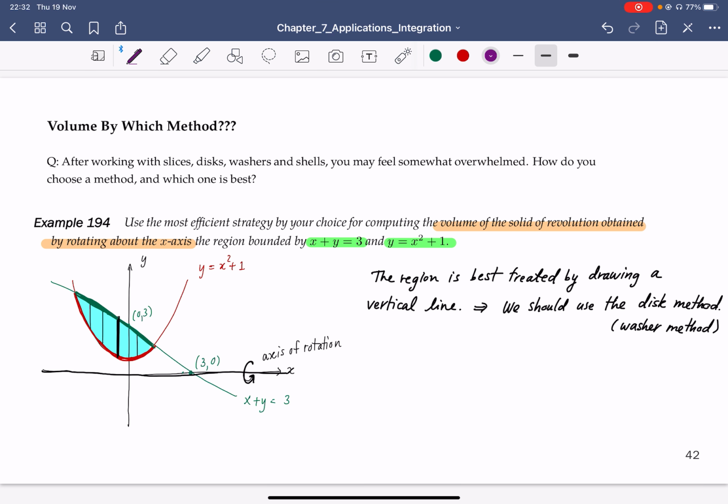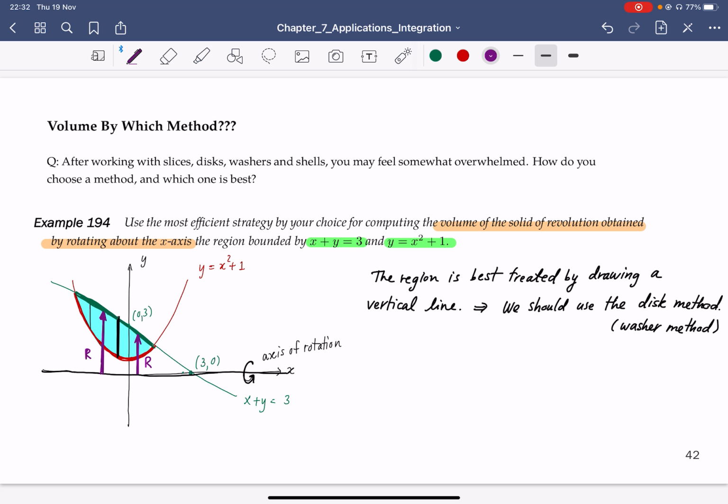Alright, so if you want to draw a vertical line, then you can see that your big R is going to be the one that starts from the axis of rotation and goes to the green one, which is the outer radius.